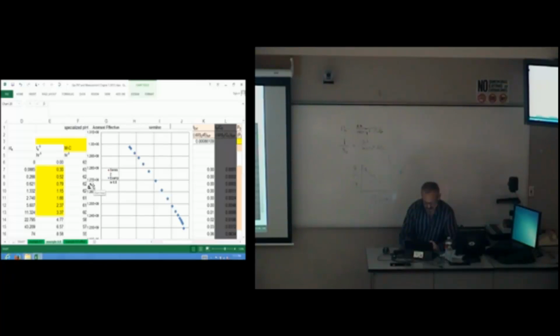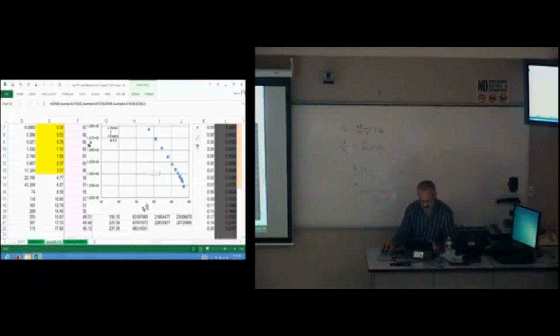Let me try to correct this. Or maybe it's just pseudo pressure. Yeah, it's just pseudo pressure. Okay. That's pseudo pressure, and this is, let's just call it TA, right?